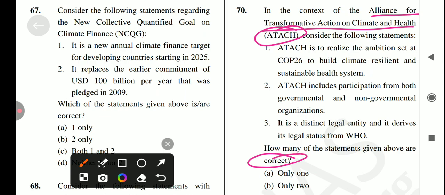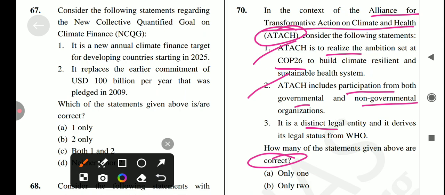And what is asked here is the correct statement. So first is ATACH is to realize the ambition set at COP26 to build climate resilient and sustainable health system. Is it true? Yes, it's a correct statement. Next is ATACH includes participation from both government and non-government organization. Also correct. Next is it is distinct legal entity and it derives its legal status from WHO.